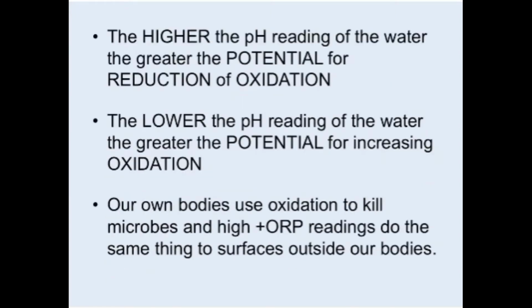The higher the pH rating of the water, the greater the potential for reduction of oxidation. When you start at 8, you have a lower potential for the reduction of oxidation, but when you get up to 11.5, you have the highest potential for the reduction of oxidation.